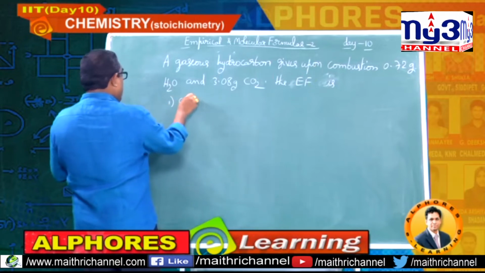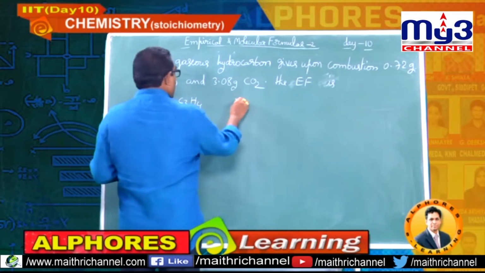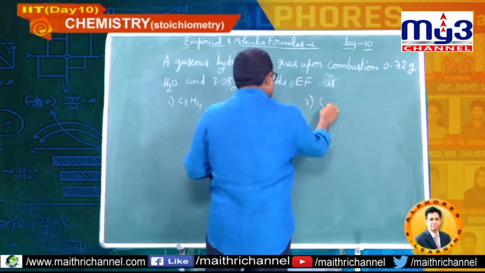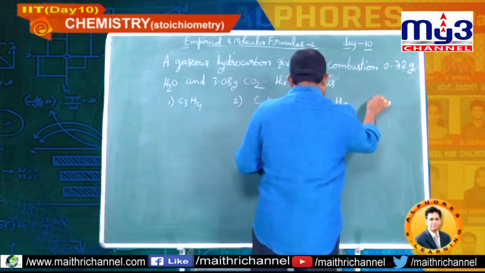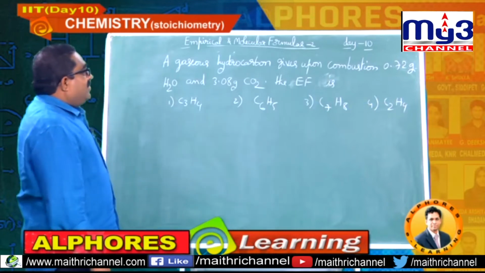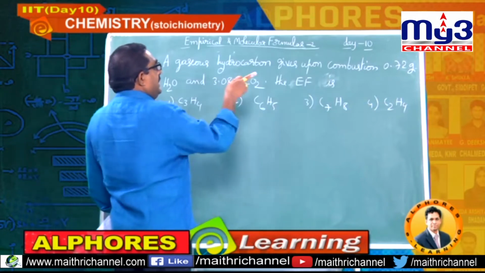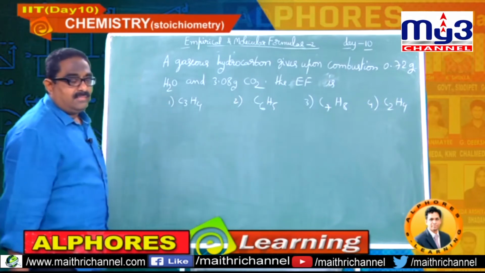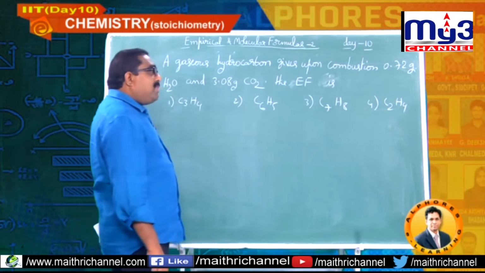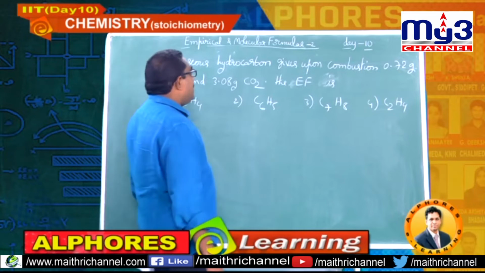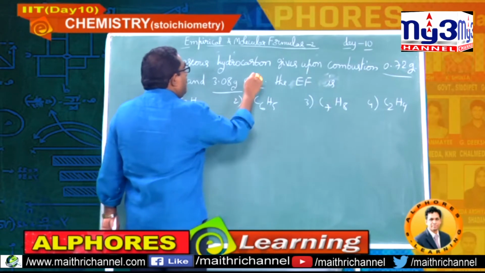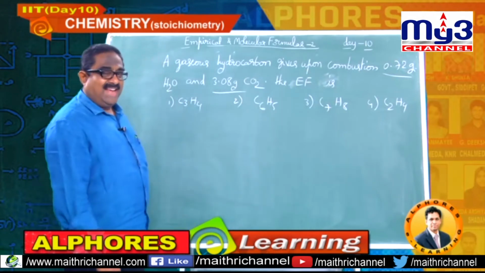1. C3H4, 2. C6H5, 3. C7H8, 4. C2H4. Okay, students, this is the data given for a hydrocarbon which on combustion can produce 0.72 grams of H2O and 3.08 grams of carbon dioxide.